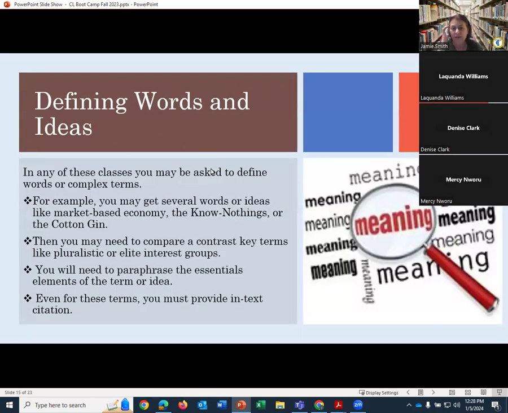In political science, I've seen several teachers or adjuncts having people write definitions. These are like pluralistic and elite interest groups, which I've seen several times. Students will have to write about this. Sometimes they have you use just your textbook, so it's a good idea to buy the textbook.